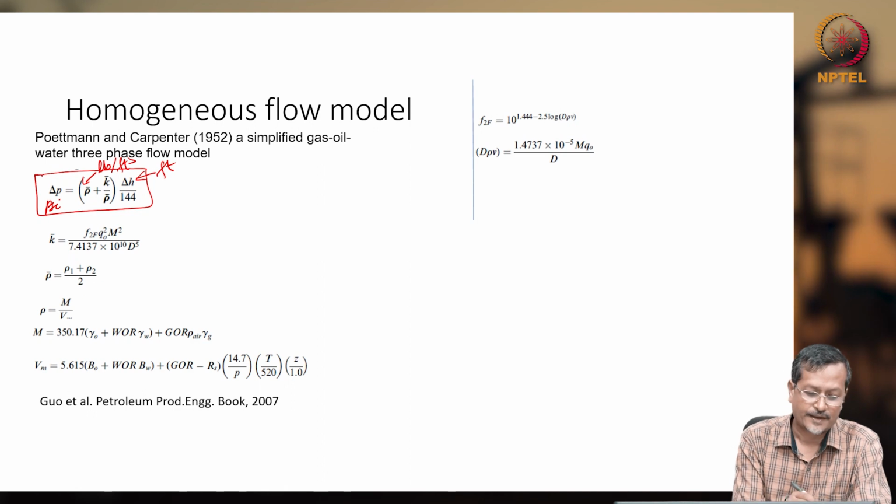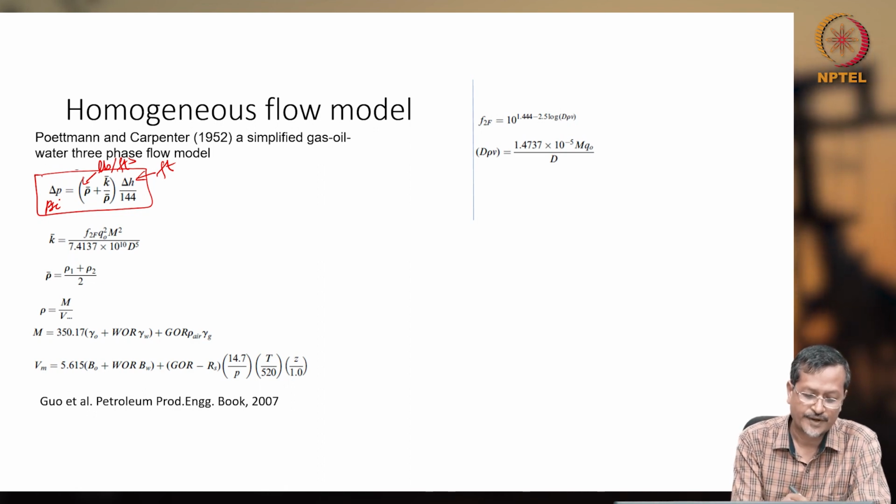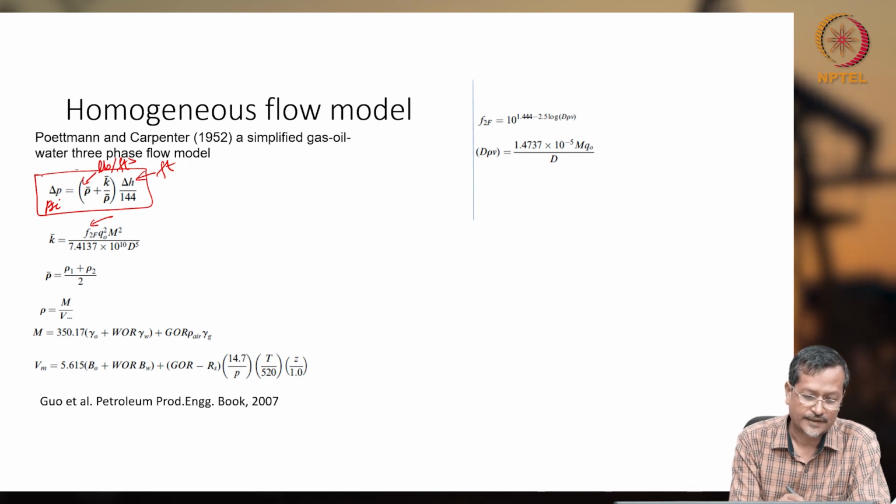And for the K bar formula, if you want to find it, then you have to go to the friction factor, then to the flow rate, the oil flow rate, in STB per day.